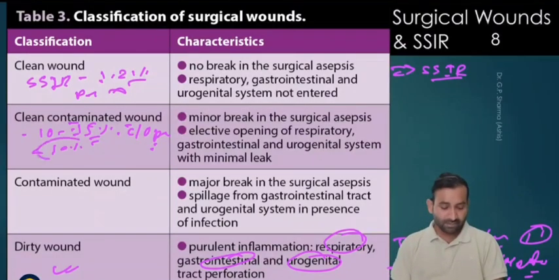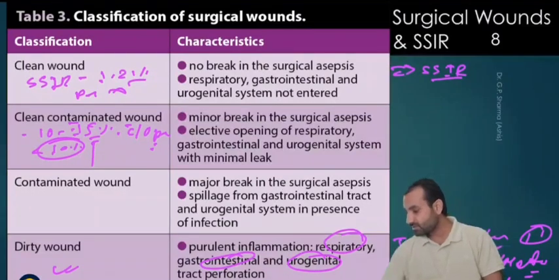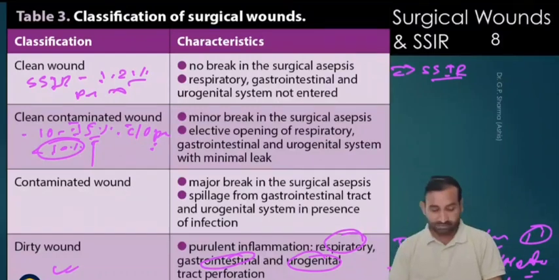Is that okay? And the SSI rate is maximum in GI surgery. In GI surgery, this SSI rate is about 30%, and if it is biliary surgery, it is about 20%, right, in the clean contaminated wound.